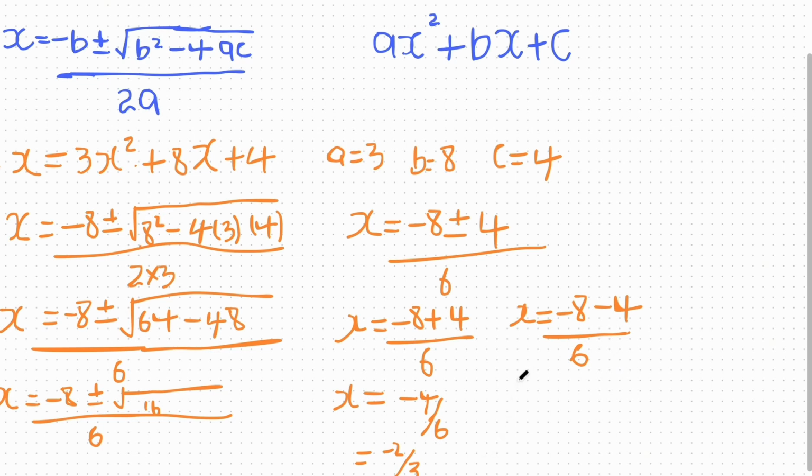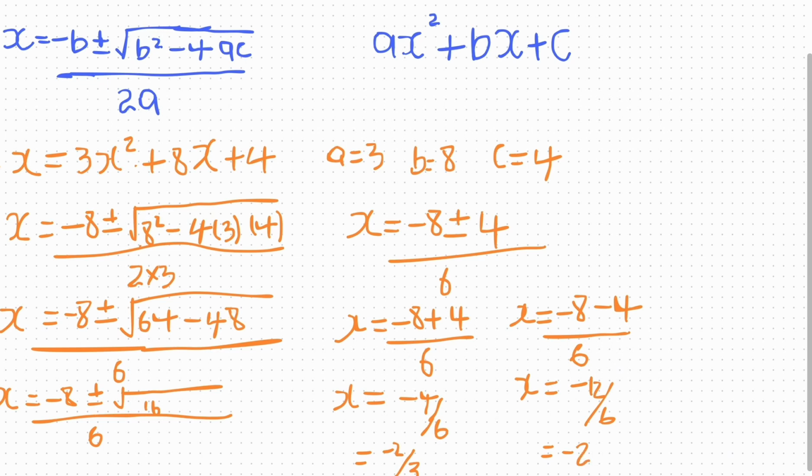Then we move on, x is equal to negative 8 minus 4, that would be negative 12 divided by 6, which should be equal to negative 2. So you understand? But we'll just work one more example.